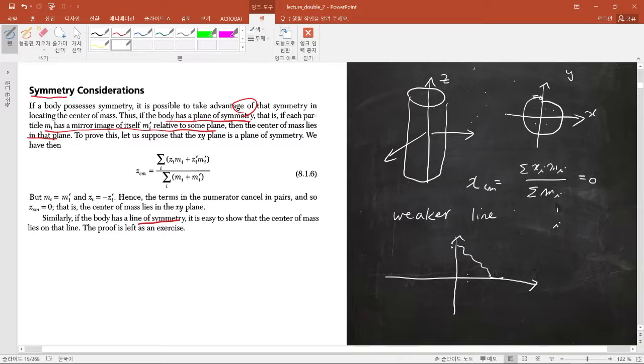The method to do it is the following. If you have a mass point here, you also have a mass point so that it always cancels the x contribution, and this one to cancel the y contribution, you can have this one, and this also cancels x here like this. So the whole body would look like this.